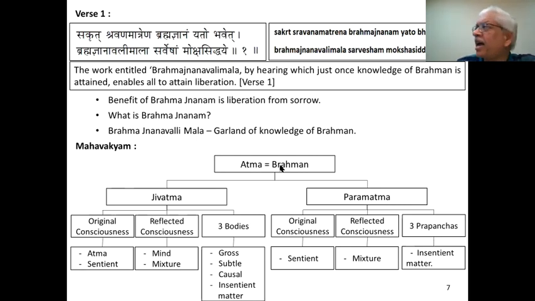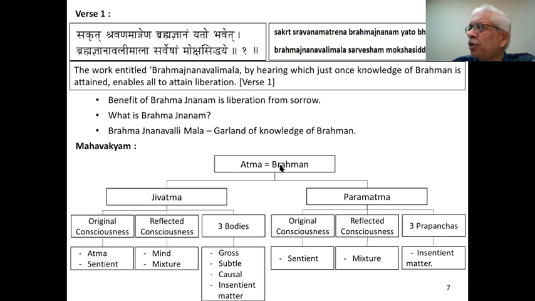Ultimately, when I say that I am the pure consciousness behind this body, that is only half the statement in our spiritual study. We must learn to understand that same consciousness principle in the entire universe, and then say the second part of the statement, Jiva is equal to Brahman. That means Atma and Brahman are the same.